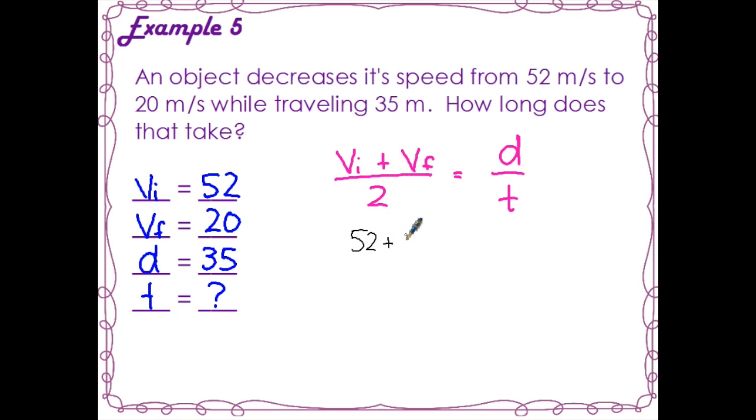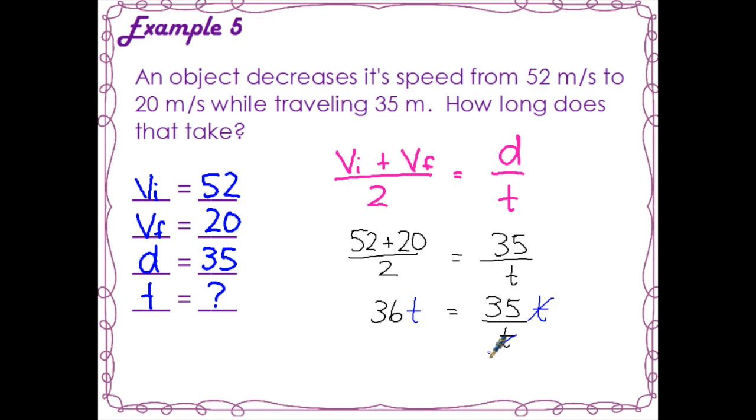Plug in my numbers. A couple ways you can do this. It's easy enough to simplify this side without cross multiplying or anything. So 52 plus 20 divided by 2 is 36. I'm going to get to t by itself, but it's on the bottom here. So I'm going to multiply both sides by t, so I don't have a t down there in the denominator.